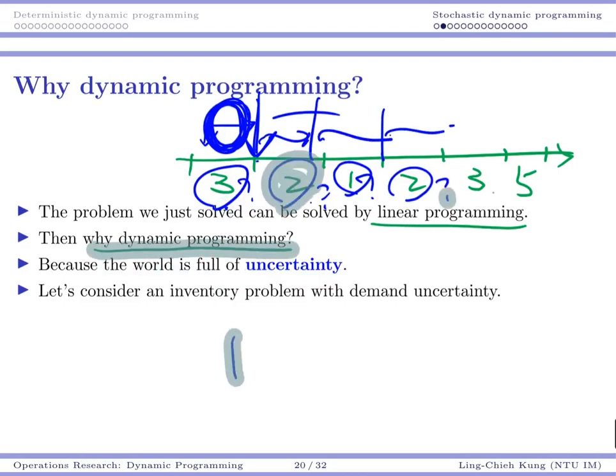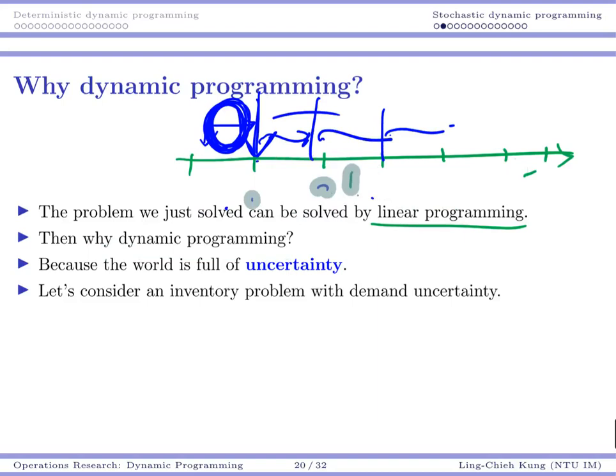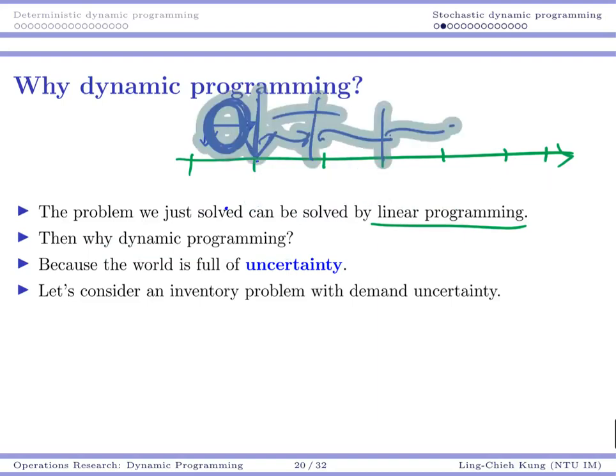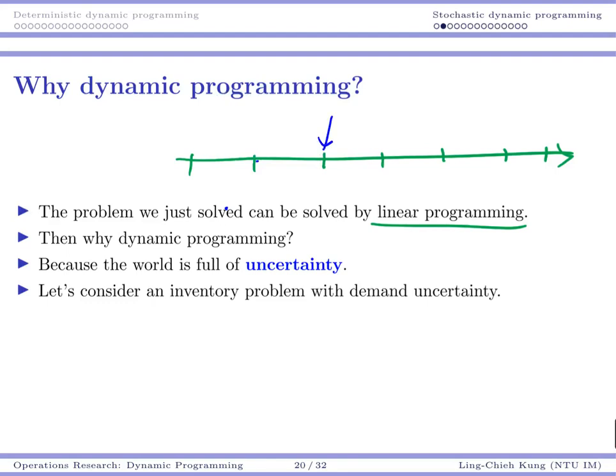As long as your demand is random, there is no way for you to plan ahead for everything, right? You somehow need to wait until that moment so that you can make the decision for that period. That repeats again and again. So as long as you have uncertainty, there's no way for you to plan ahead, then you need to make decisions one at a time.